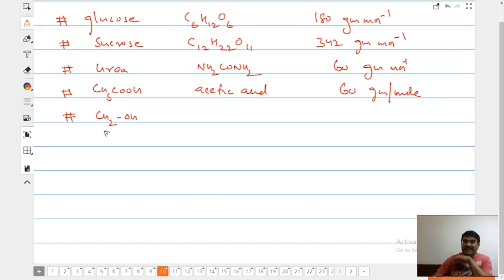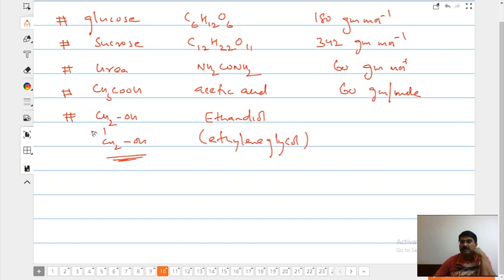Can anyone tell me the name of this molecule? This molecule is from your class 11 organic chemistry. What is the name of this molecule? This is ethylene glycol, ethane-diol.